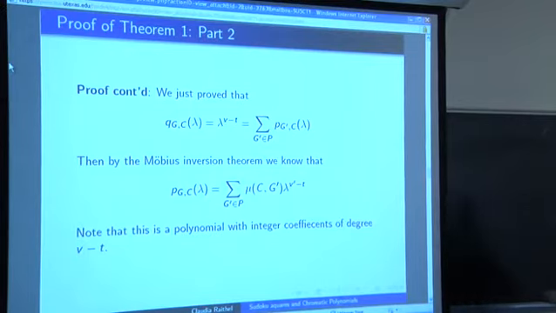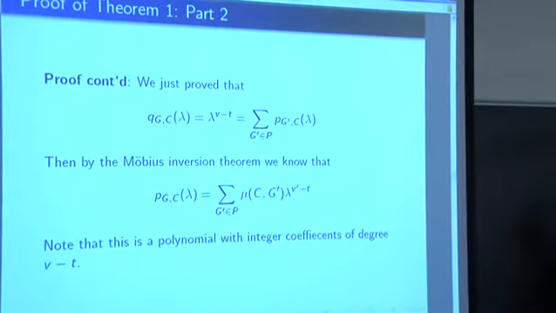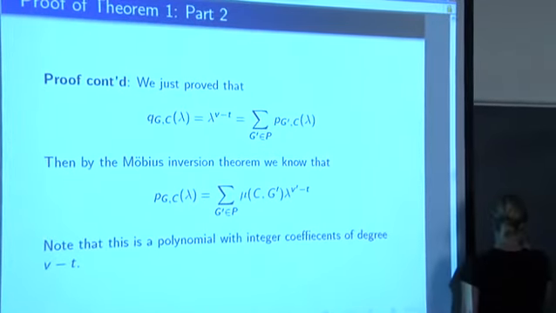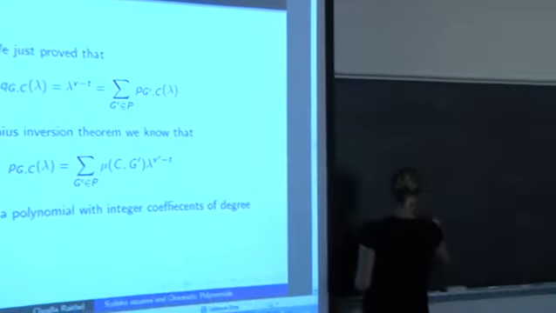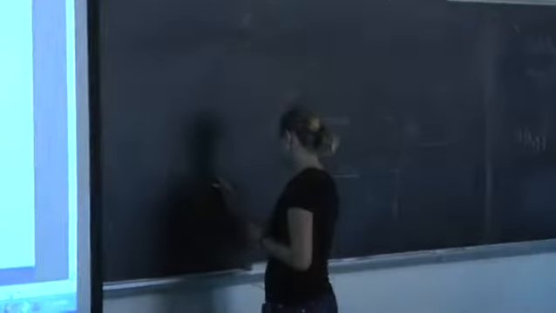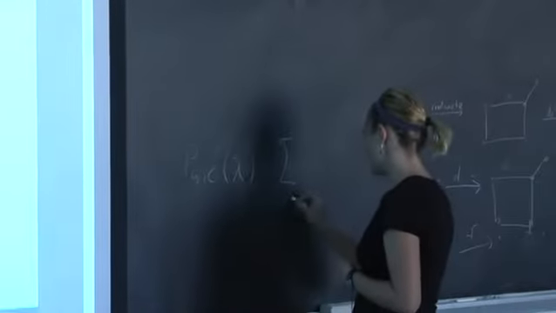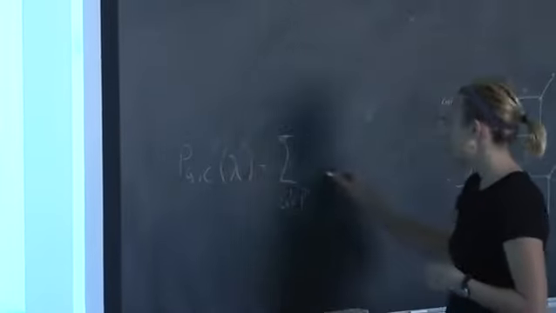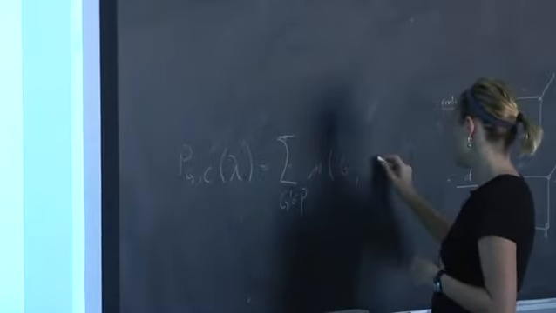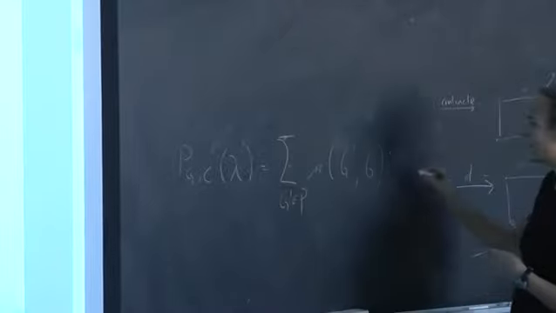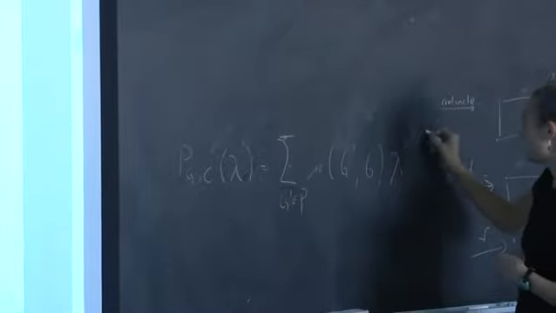So actually, there's a typo on this slide. We actually get that P of GC of lambda is equal to the sum over the members of the poset of mu of G prime G times lambda to the v prime minus t.